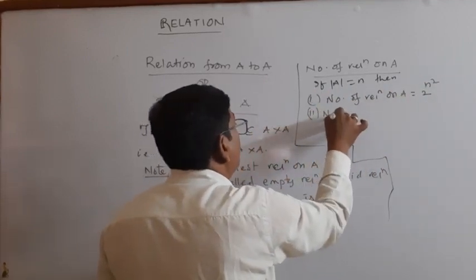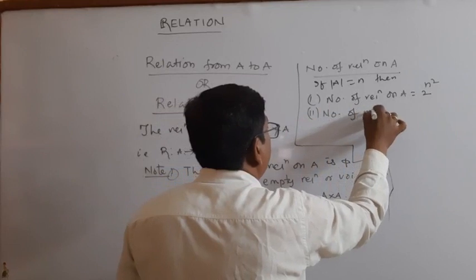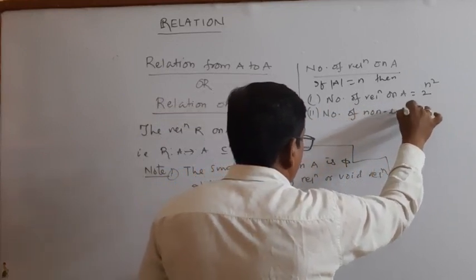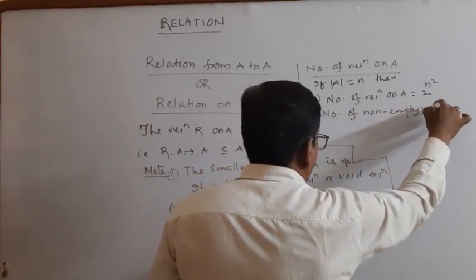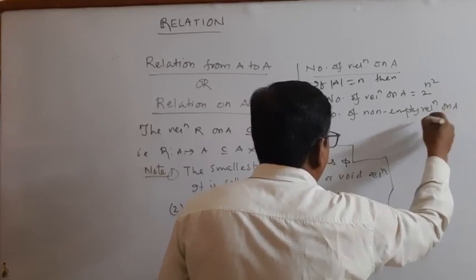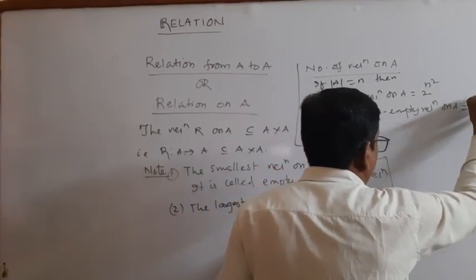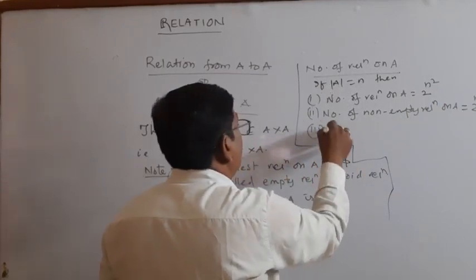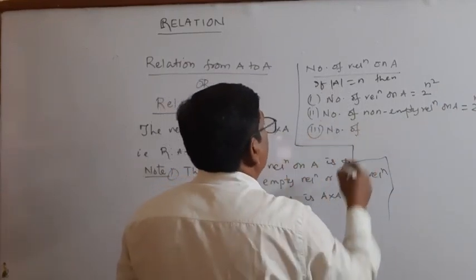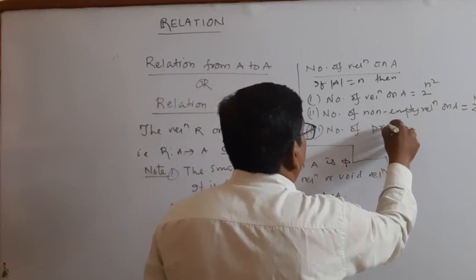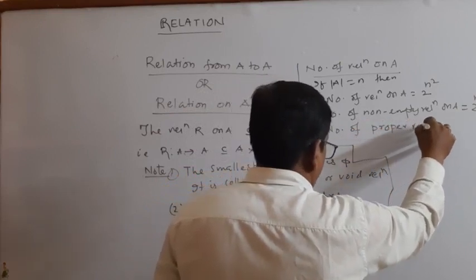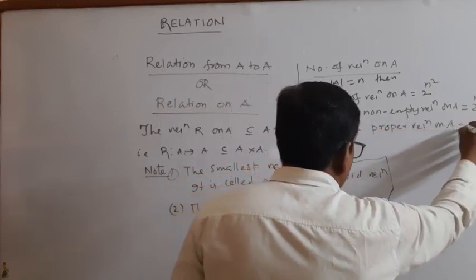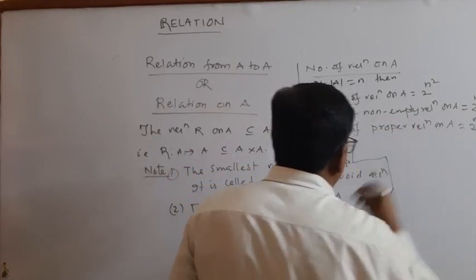The number of non-empty relations on A is 2 to the power n square minus 1. The number of proper relations on A is 2 to the power n square minus 1.